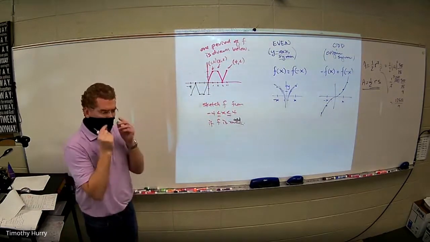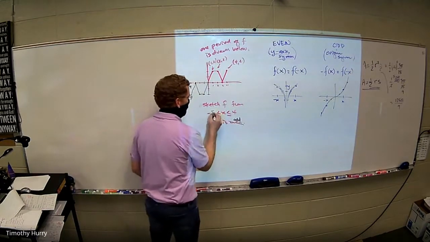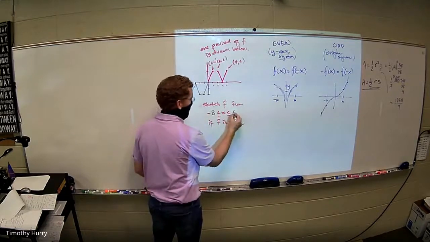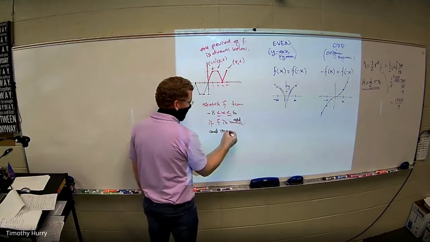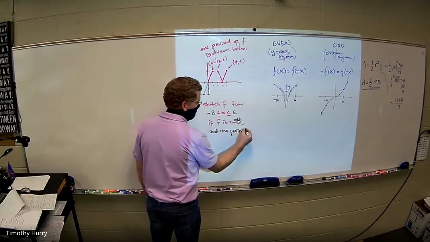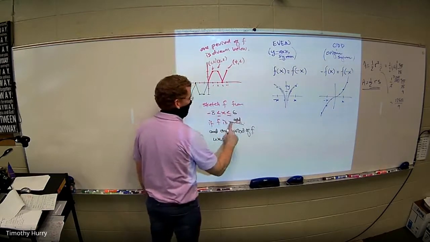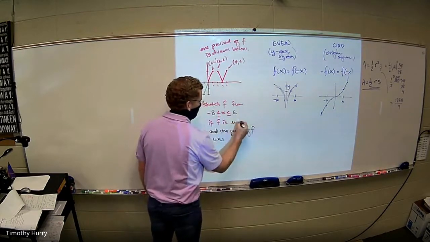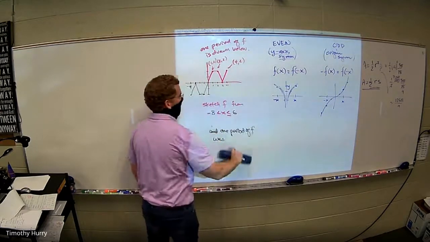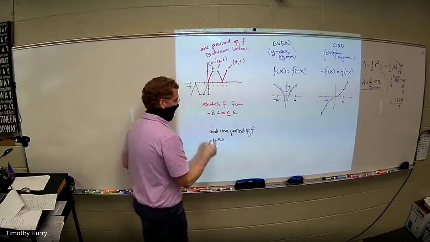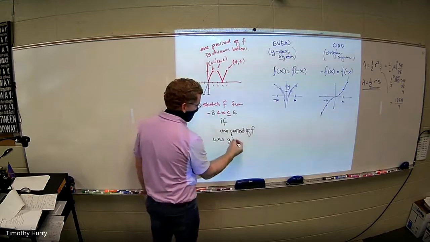Now, what if I said, okay, sketch f from -8 to 6 if f is odd and one period of f... no, forget the even and odd. How about this? Sketch f from -8 to 6 if one period of f was given.